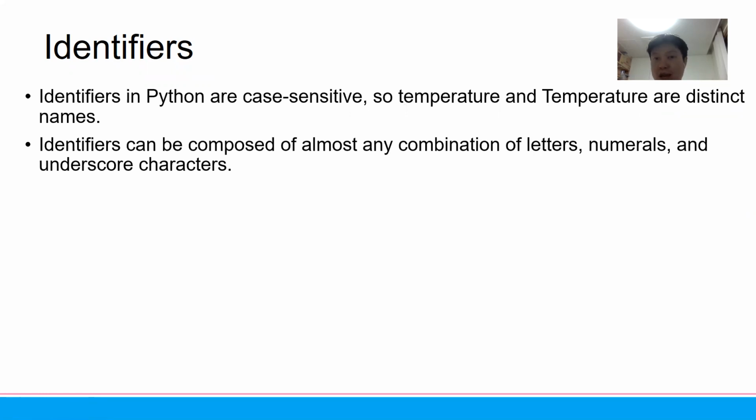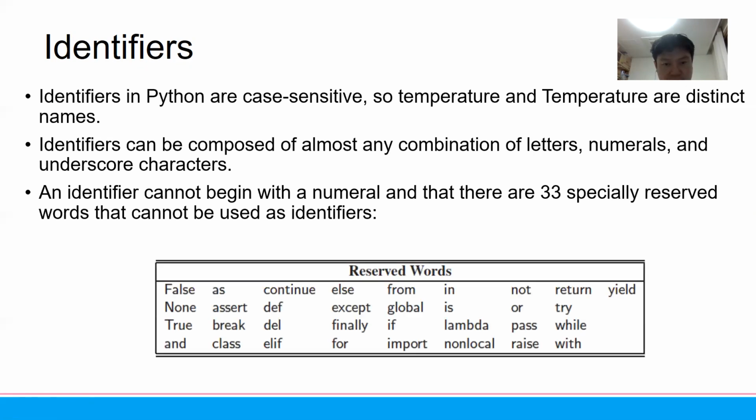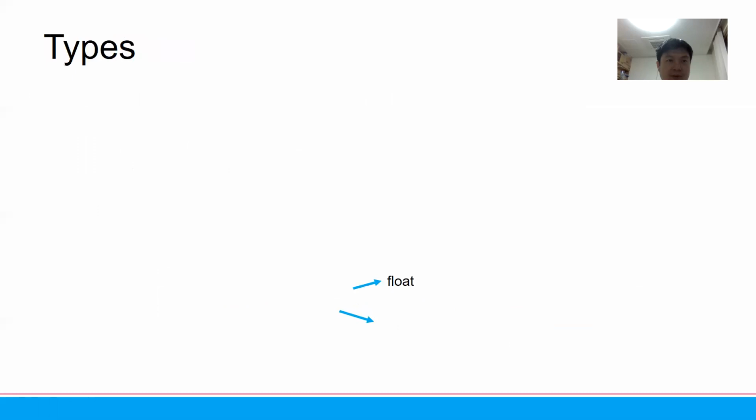So you cannot use any other characters, only underscores, letters, and numerals. And the identifier cannot begin with a numeral. There are 33 special reserved words that cannot be used as identifiers. Okay, so this is the list of reserved words. You need to understand this one.